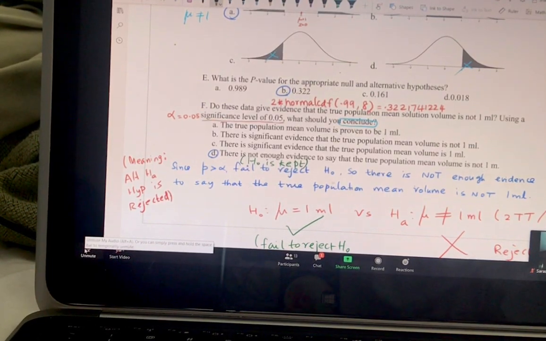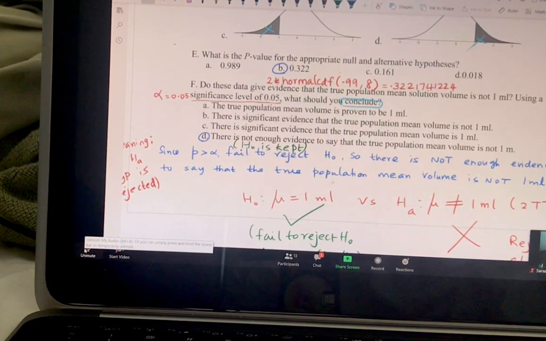Alpha value is given in the problem, it is 5%. So when I compare my p-value with alpha, my p-value is about 32% based on the sample data. My probability value is pretty strong, which is 0.3222 or 32.22%, which is much greater than my 5%, my alpha.